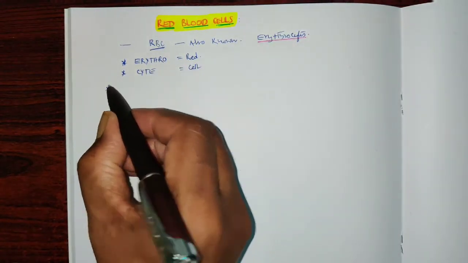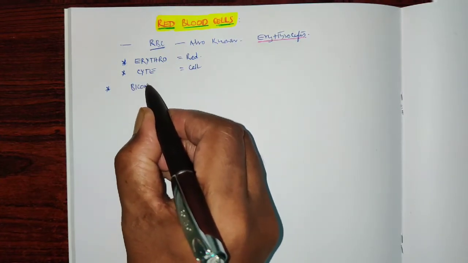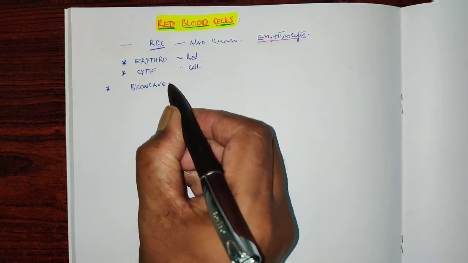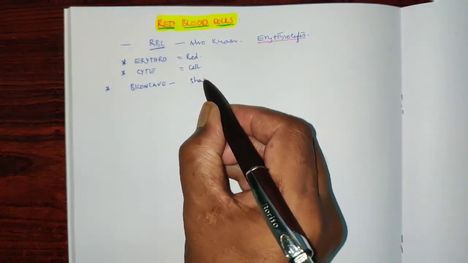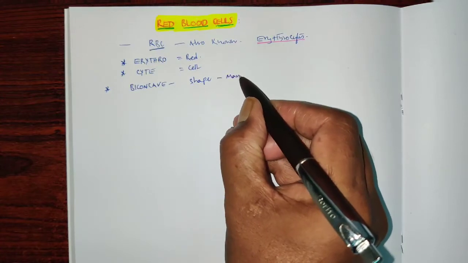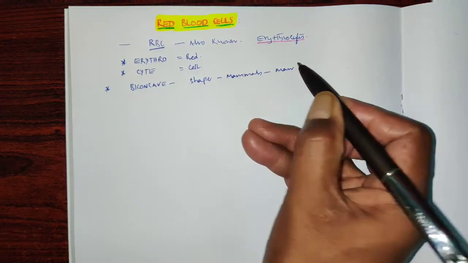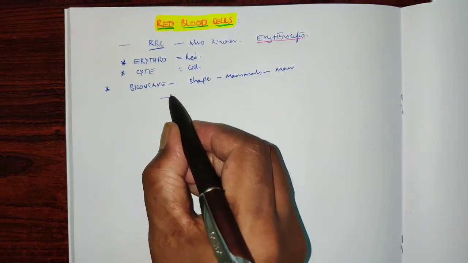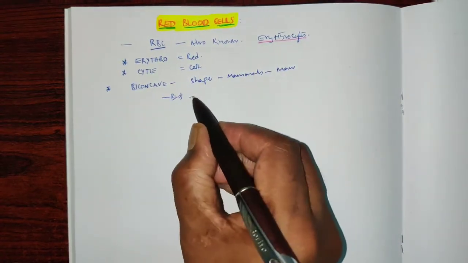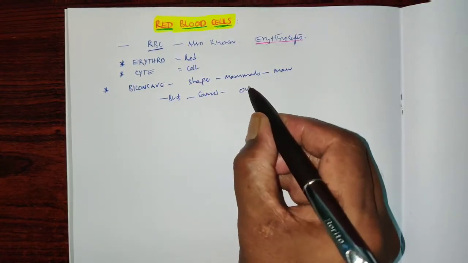They are usually biconcave in shape. So the shape is biconcave in mammals, including man. But in the case of camel, it is oval in shape.